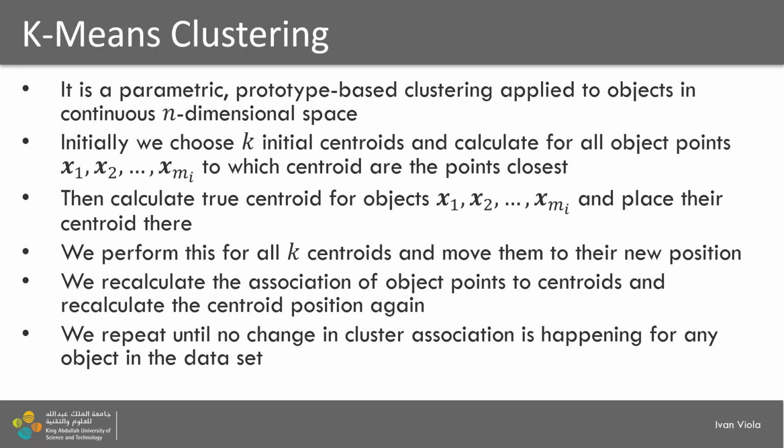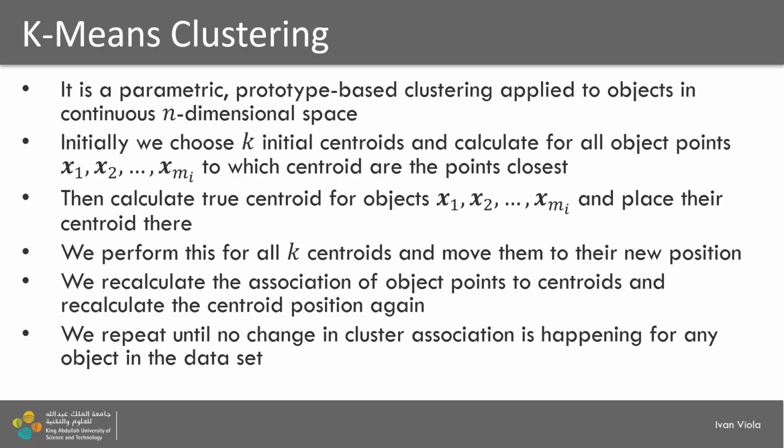It could be applied to objects in n-dimensional space. We can cluster points in 1 dimension, 2 dimensions, 3 dimensions, or any dimensions, and the algorithm is straightforward to use in all these dimensions. We can initially choose k initial centroids.